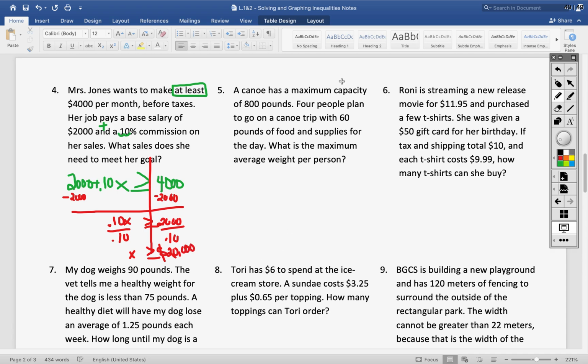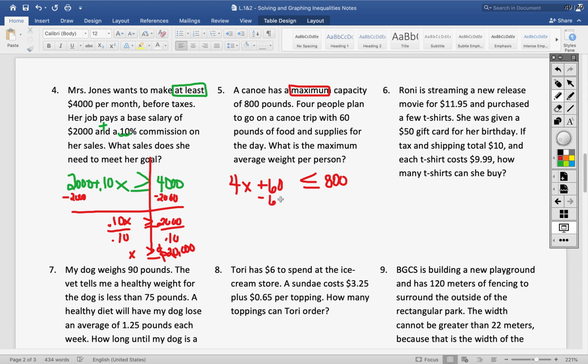If it has a maximum capacity, maximum tells us that it has to be less than or equal to 800 pounds. 4 people plan to go, so that's 4x, and then they have 60 pounds of food and supplies for the day. What's the maximum average weight of each person?